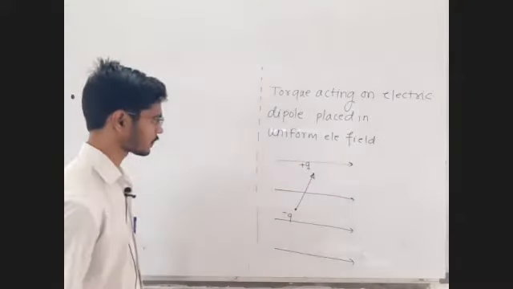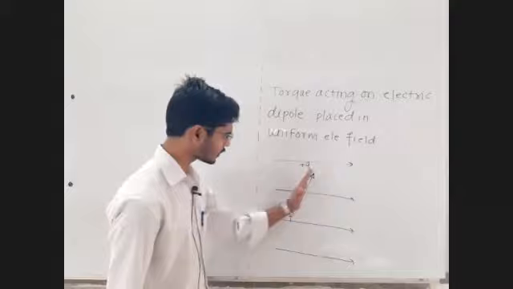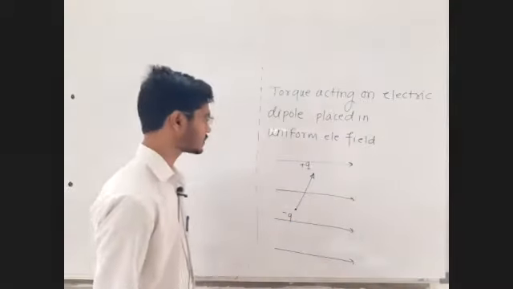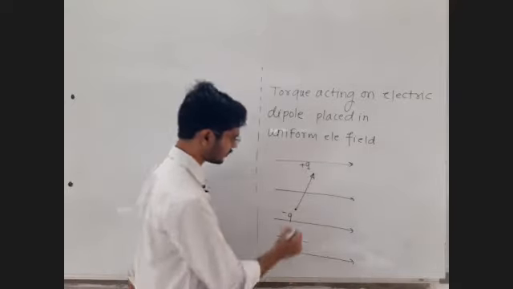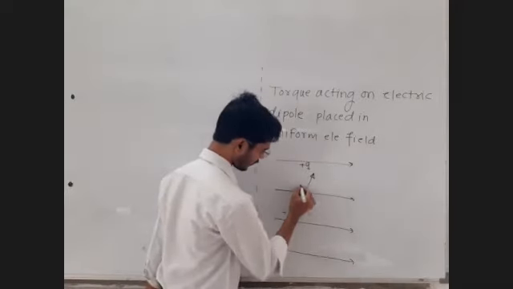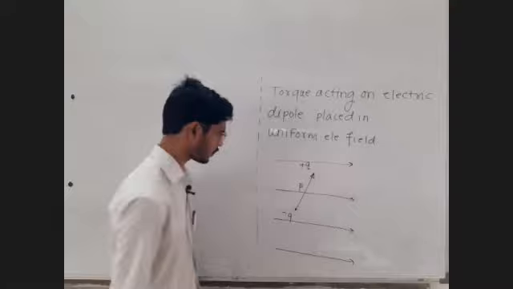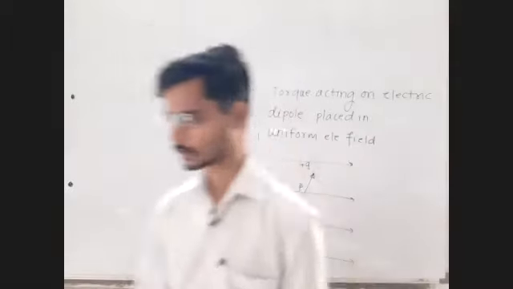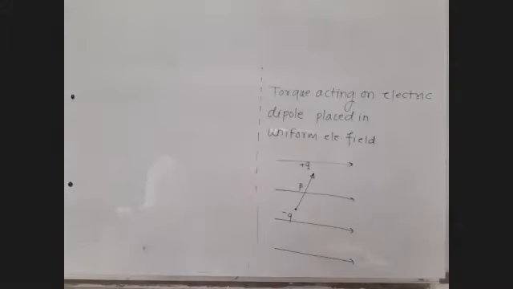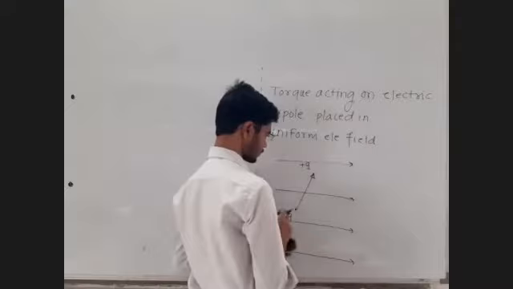Now let's say at given instance of time, at given position, angle between electric dipole moment, that is p bar, which is always from negative to positive. Okay, let me draw it. Just give me a second. Let me draw this dipole.